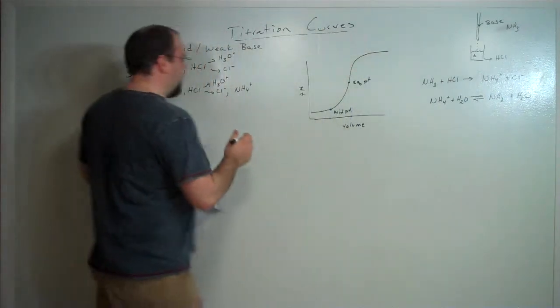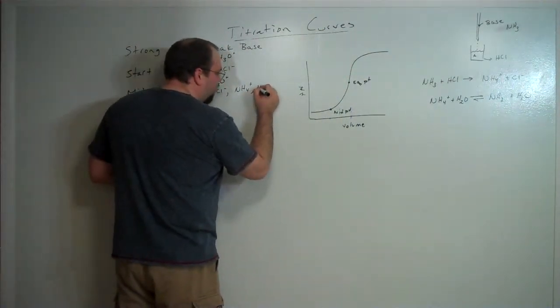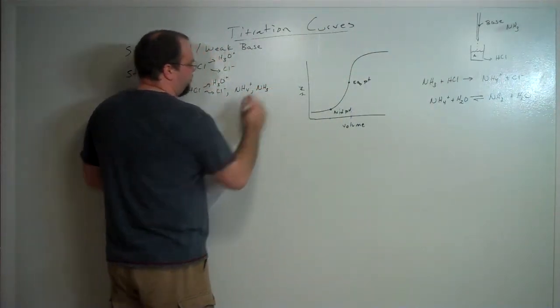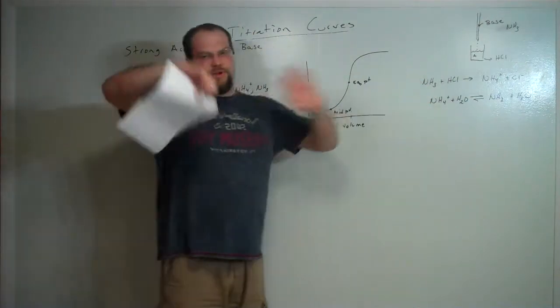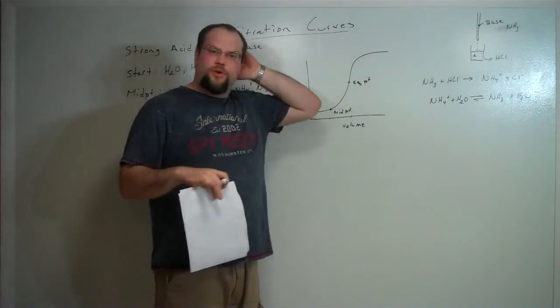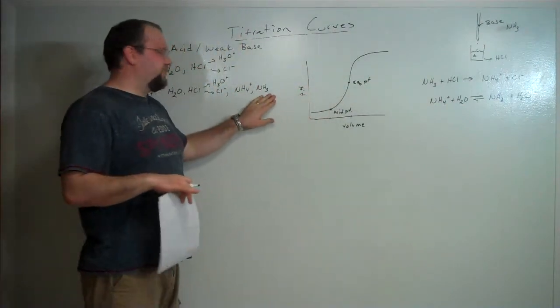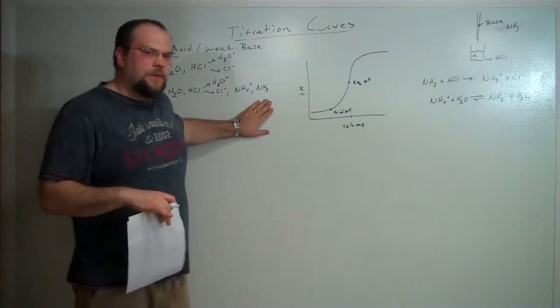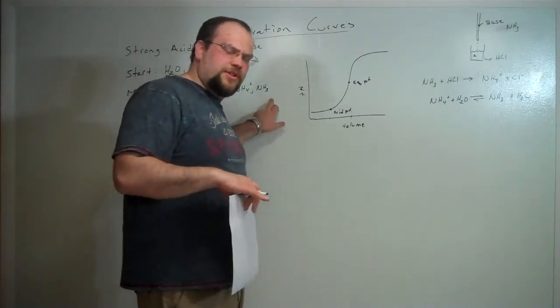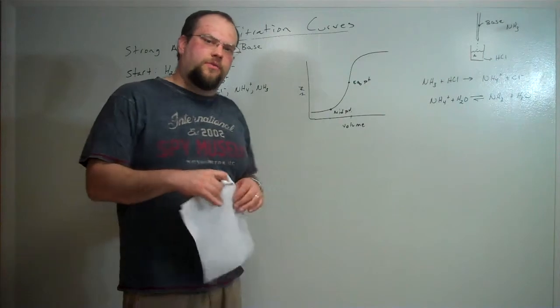So I am going to have some, probably NH3 here. But be aware, as soon as this forms, it's going to react and turn back into NH4. So at this point, I'm going to have almost no NH3 present. I hesitate to put that, but I put it here so it doesn't confuse you at the equivalence point.